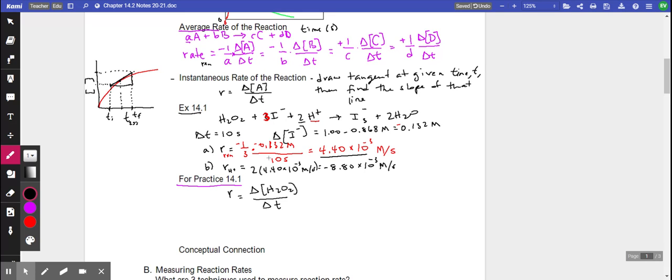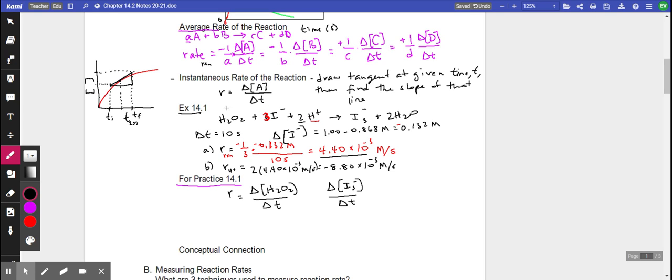And they also want delta I3 minus over delta T in the same time interval. So basically, since it's the same time interval, they're changing proportionally to their coefficients.